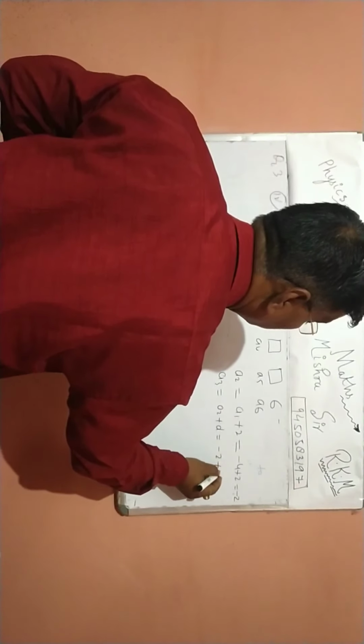Now come on, question number 4. Look here, question number 4. You will solve all the rest of the parts of question number 3. Question 4 is here. Which term of the AP is 78? Let the nth term be 78, so an is equal to 78.